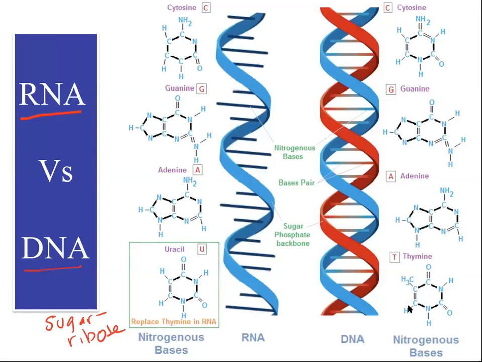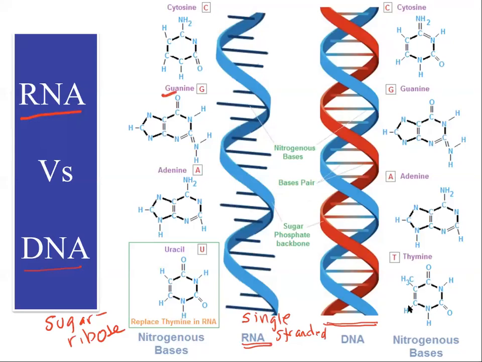The second thing is that DNA is a double-stranded molecule. RNA, almost always, there are some exceptions, is single-stranded. In other words, there is no complementary side to that molecule. And the third difference is that it has one different nitrogen base.